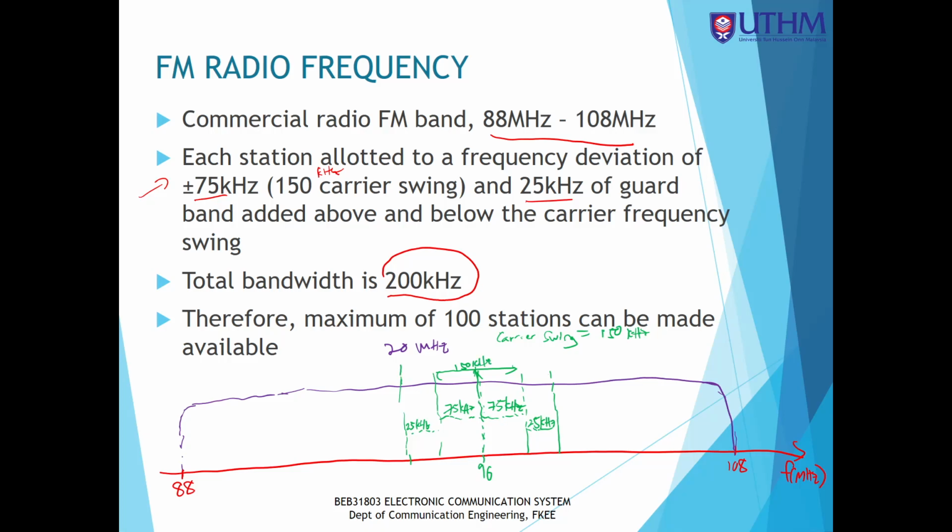So what is a guard band? A guard band is actually an empty space, to avoid the interference from the adjacent channel. The signal should not operate at this guard band in order to avoid interference from the next channel.